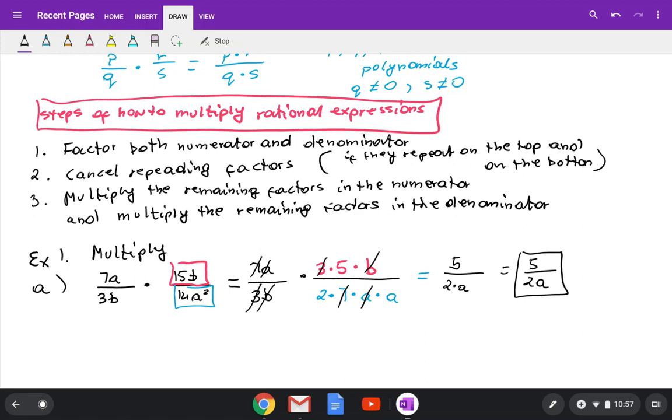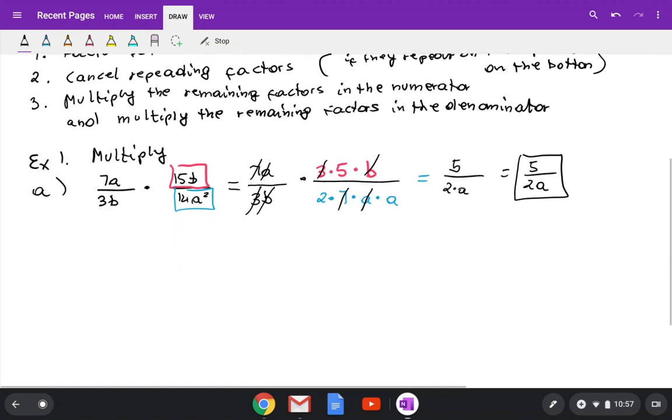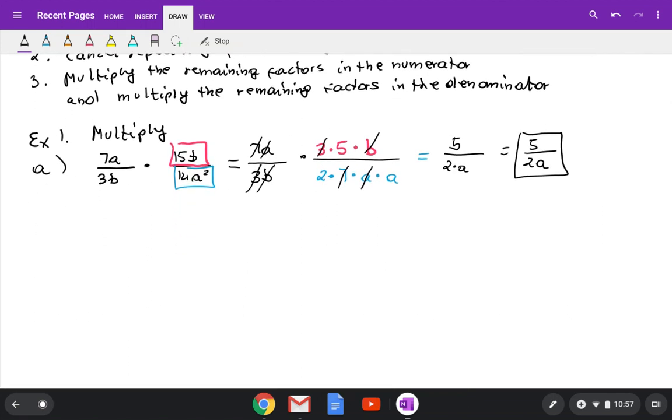Okay, so that was a nice example, and we're slowly going to build more advanced examples. So let's move on to example B. We have 4x minus 8 over x plus 6 times x squared plus 6x over 2x.